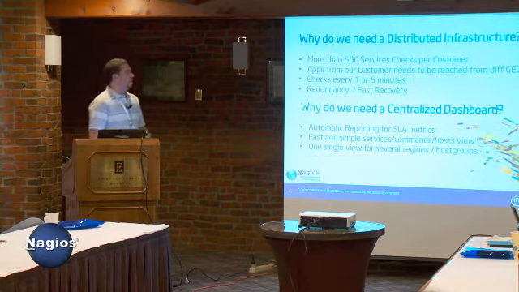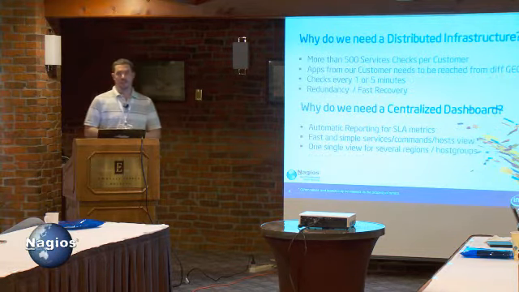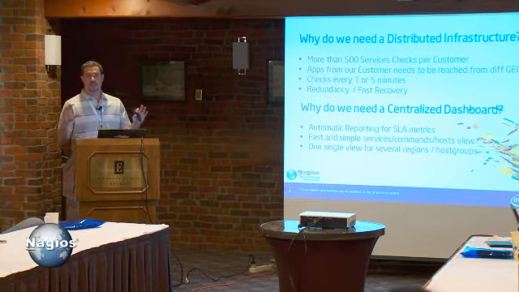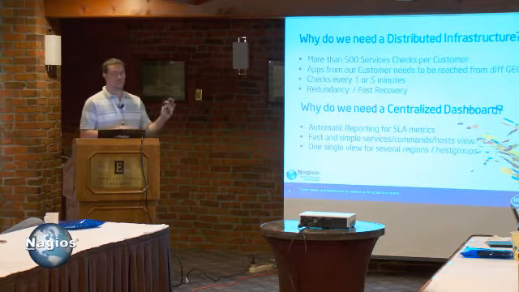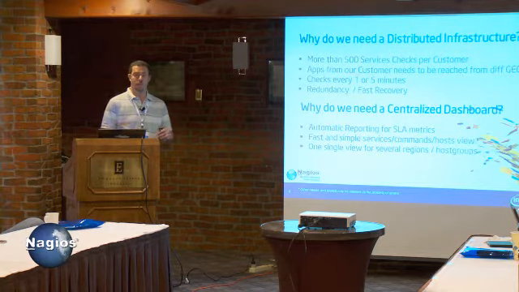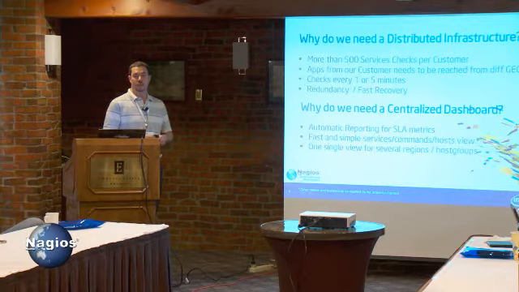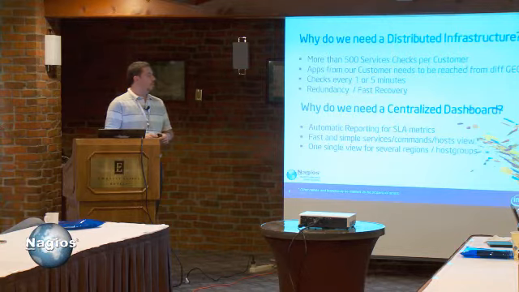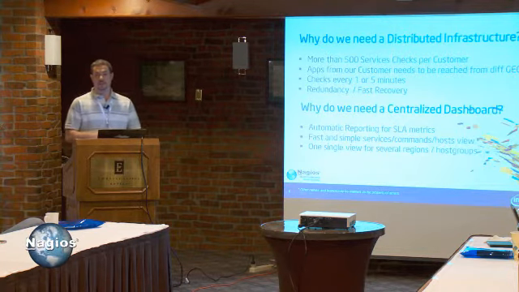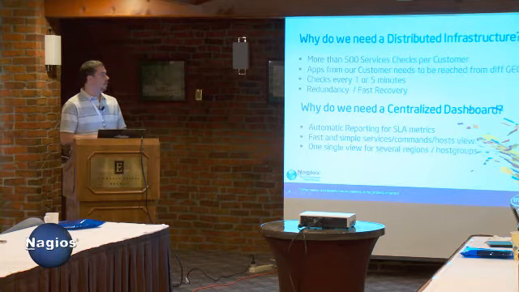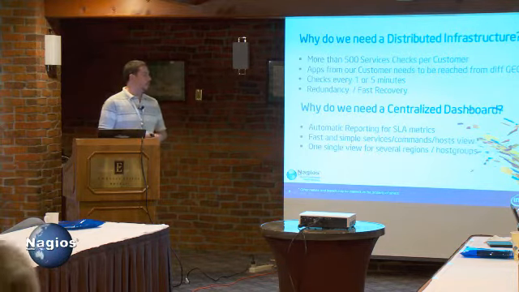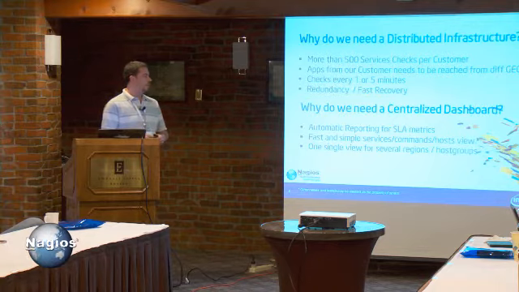Why do we need a distributed infrastructure? Basically because we have different regions, some of them in US East, some in US West, some in Europe or Asia. We execute checks every 1 or 5 minutes depending on specific needs, basically having redundancy and fast recovery for our monitoring system.